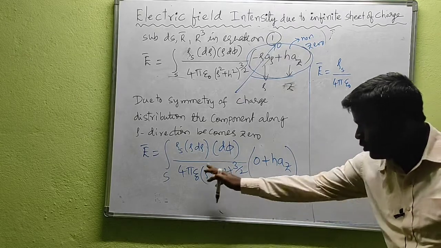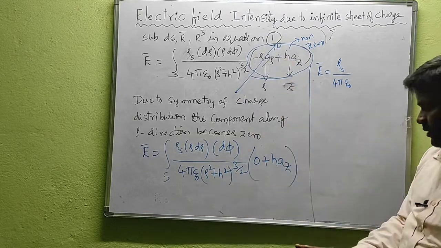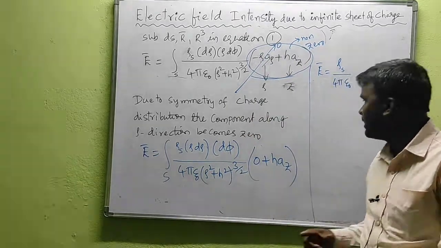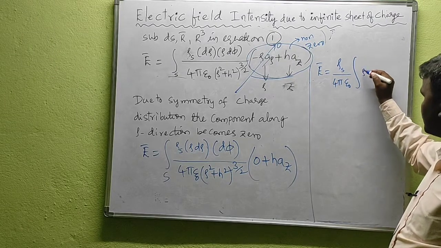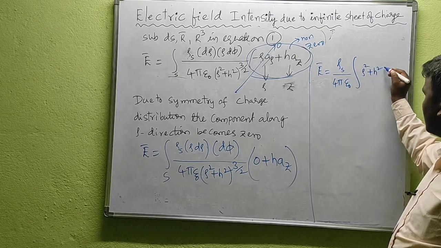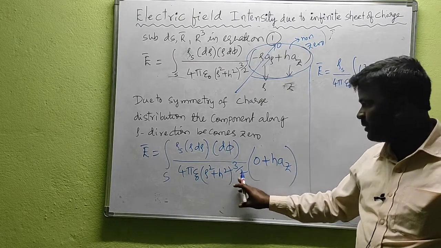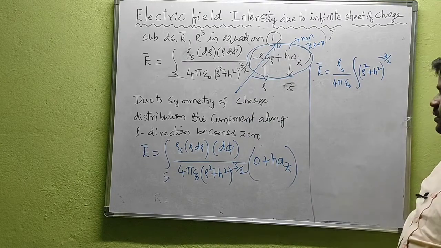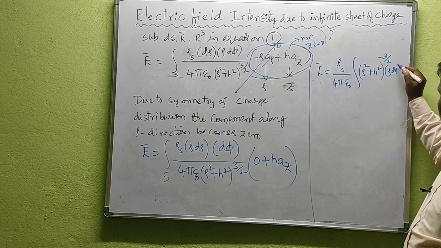Let us move this part, rho square plus h square whole power 3 by 2, from the denominator to the numerator. As it is in the denominator, we can write it in the numerator like this, rho square plus h square whole power minus 3 by 2, into rho d rho.